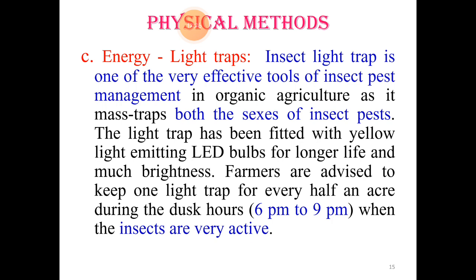So, farmers make use of this idea of using light and trappers together to kill the pest insects. So generally, the trappers along with the light are kept near the agricultural fields, away from the original agricultural field, between 6 p.m. and 9 p.m.